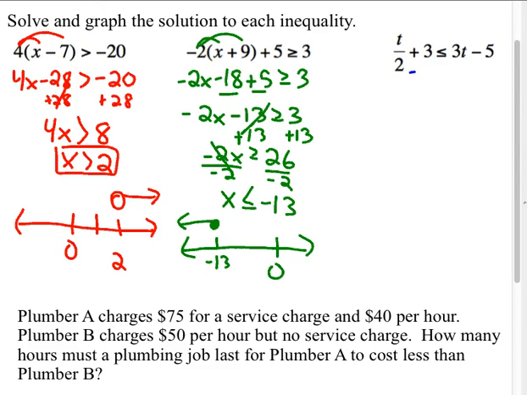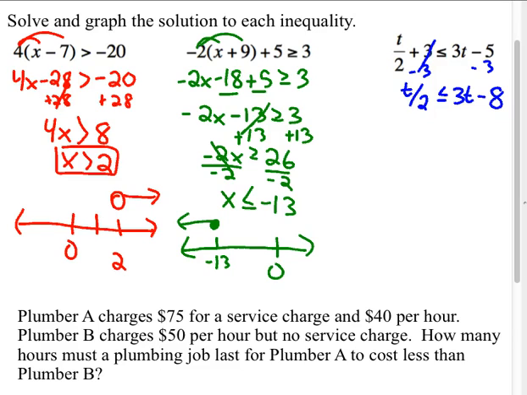Well, for starters, let's subtract the 3t over, okay? So I'm going to have t divided by 2 less than or equal to 3t. Negative 5 minus 3 is going to be a negative 8. Okay, so I'm going to move it away from that fraction.